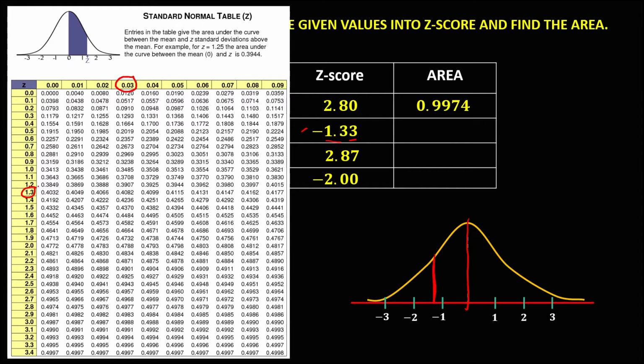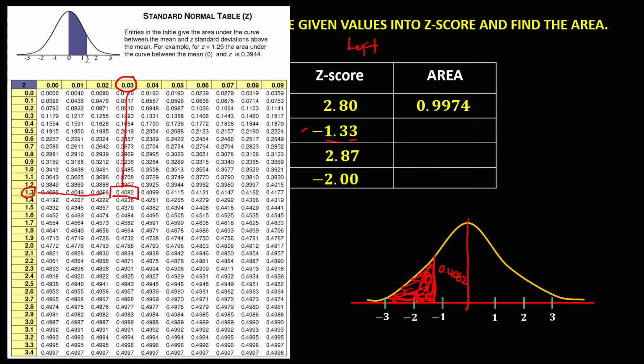So that's 1.33. Then you connect. So the area for 1.33 is 0.4082. So this area is 0.4082. But since we're looking for the area to the left, this is the unknown area.